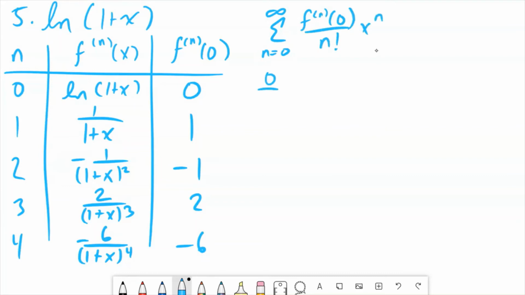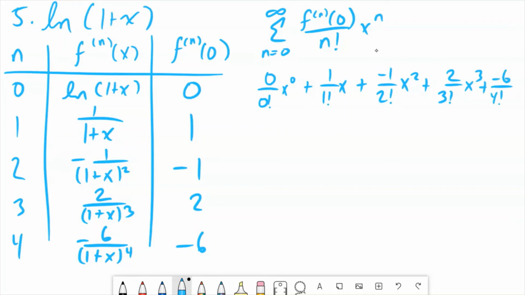We get 0 over 0 factorial x to the 0, plus 1 divided by 1 factorial x, plus negative 1 divided by 2 factorial x squared, plus 2 divided by 3 factorial x cubed, plus negative 6 divided by 4 factorial x to the 4th. And we see this term cancels out, so let's simplify a bit.